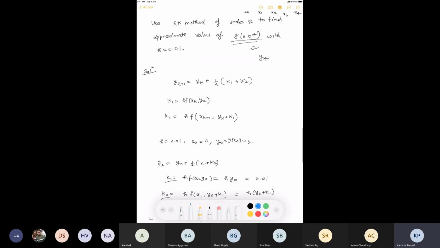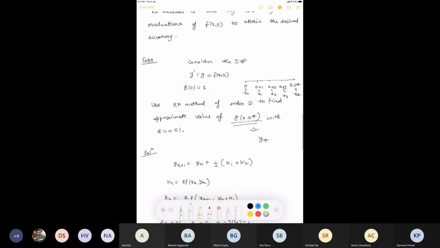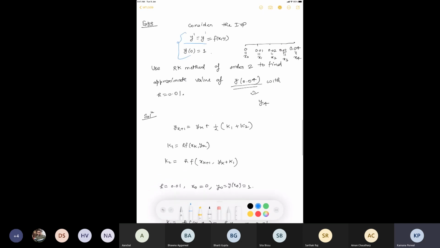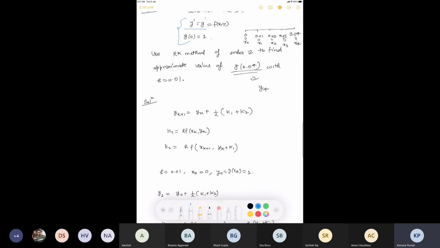Now, one more step you can do is find an exact solution of this problem. This is a simple problem, so you can find its exact solution. Suppose you found the exact solution, which is going to be in terms of x, and you take x equal to 0.04.